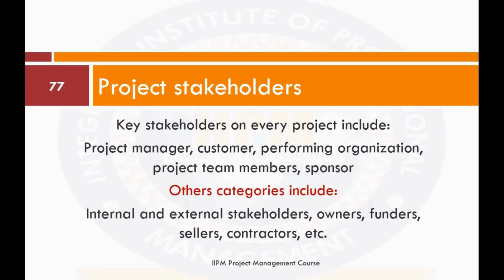Then also, we must put in mind what their expectations are. Remember, their impact is because of the expectations they are having. They are putting all influences because of their expectation. When we started, Mr. Hamza said, project stakeholders are those that have, or they are beneficiaries of the project, okay?